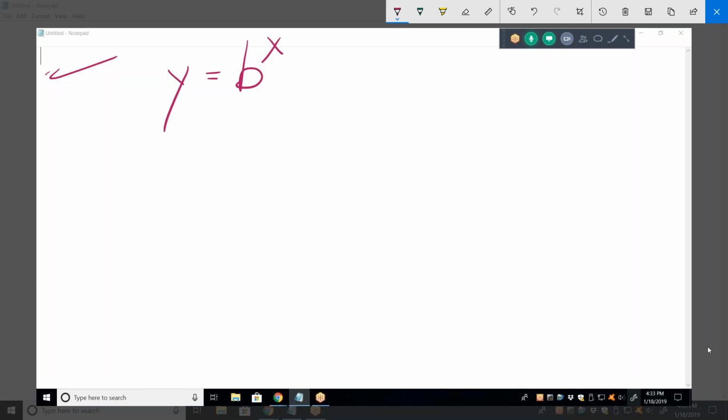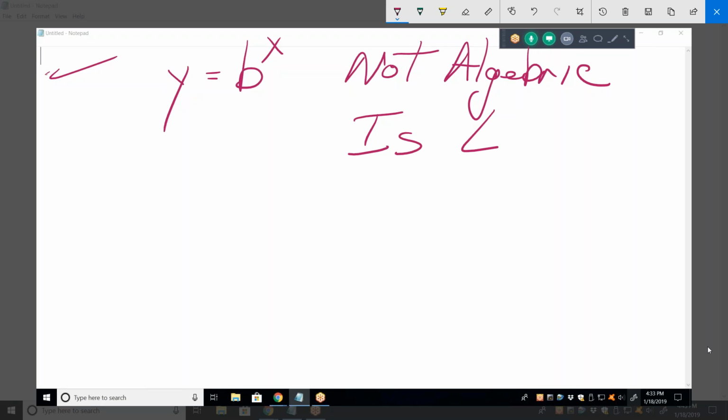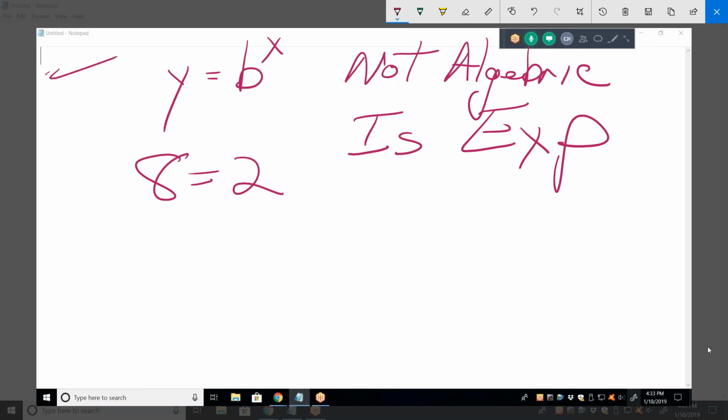The x is in the exponent. This is not an algebraic expression. You cannot solve this algebraically. This is an exponential expression. It's like 8 equals 2 to the 3rd.